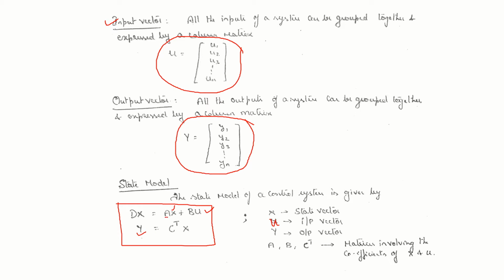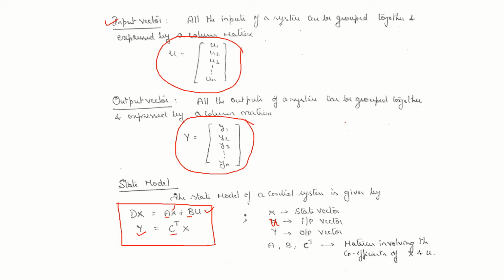You know, A is a matrix, B is a matrix, C transpose is a matrix. Correct. So this involves only state vector elements, input vector elements, right? Output matrix it is, right? So I will explain that, how to do that one.